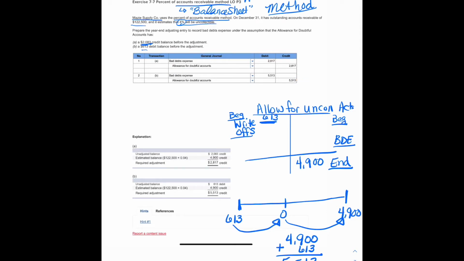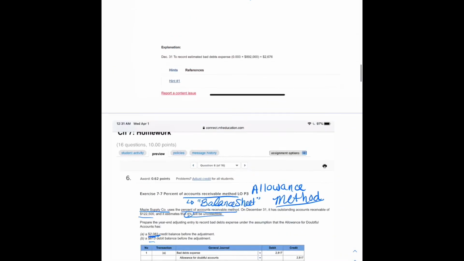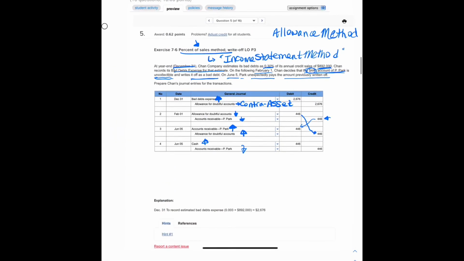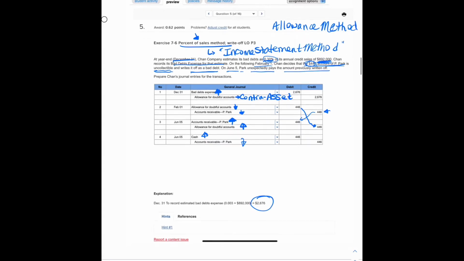It's a little bit different because in the prior question, to record the journal entry, all we needed was to take the amount that we expected to be uncollected, which was 0.3%, and multiply that by this 892. When we did that, we got this 2,676, which was the amount of our adjustment.